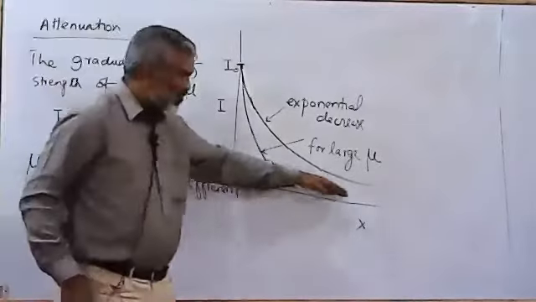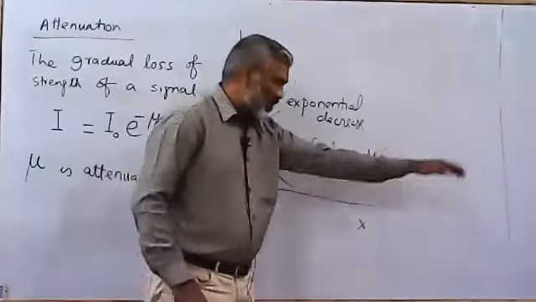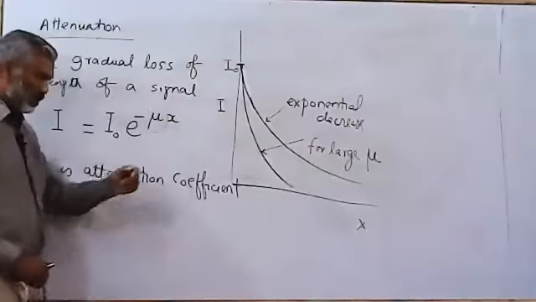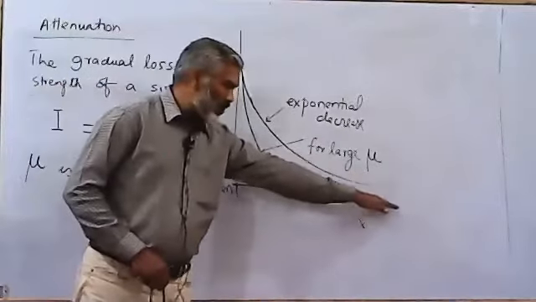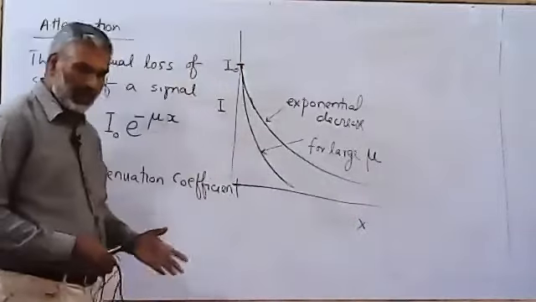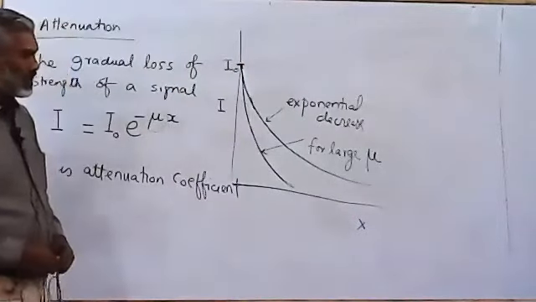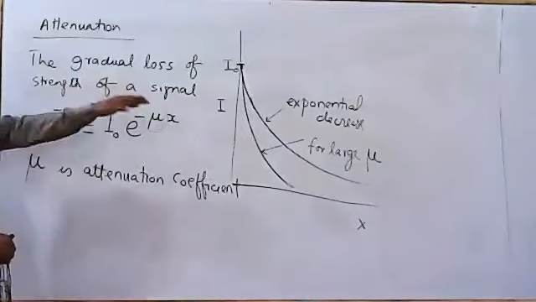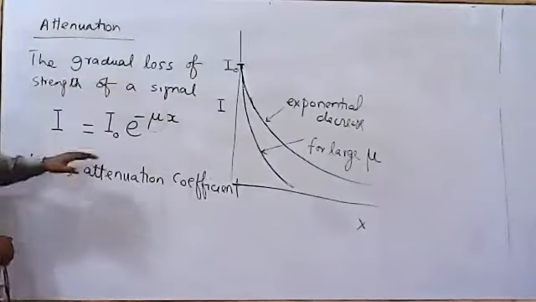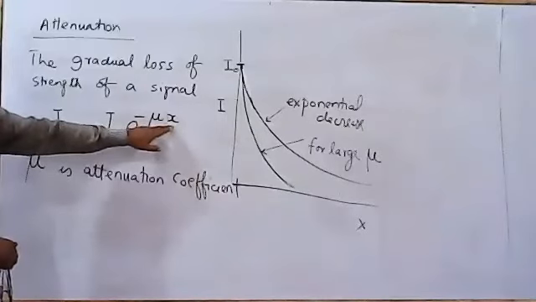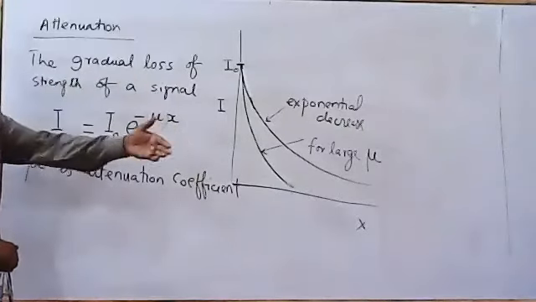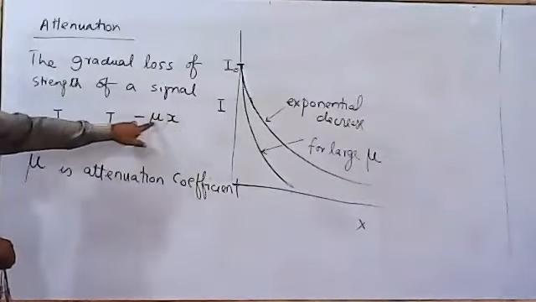So it doesn't touch the axis even after very large values are involved here. Usually the graph ends somewhere close to it, and practically that is considered zero, but it doesn't touch that axis. So this x will be very large. That means it will be able to cover a very long distance if mu is small.